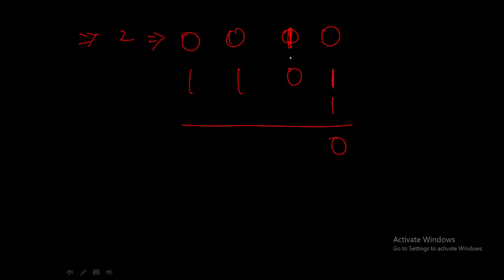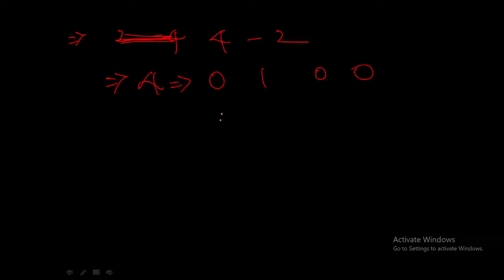First we should represent 2, which is nothing but 0010, and 1's complement is nothing but 1101, plus 1 we get 1110. Okay, this 1110 we are going to add here.